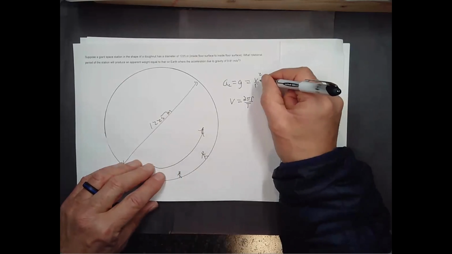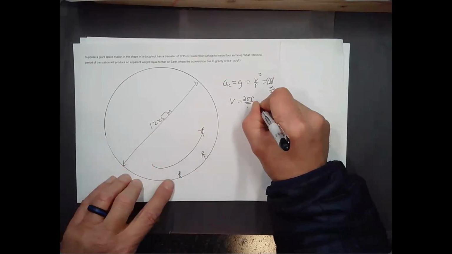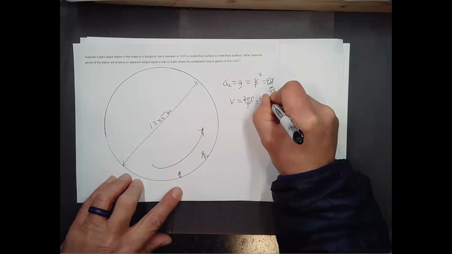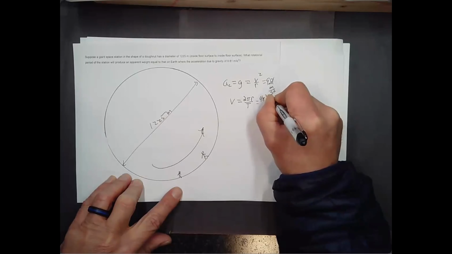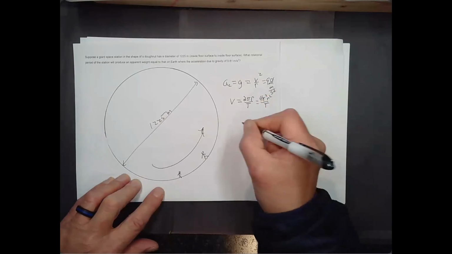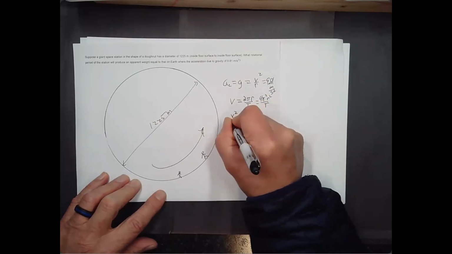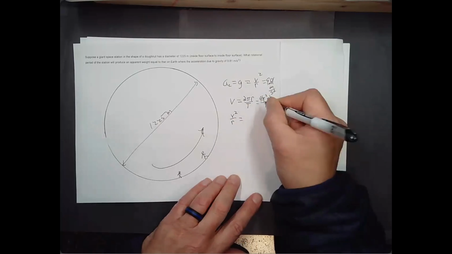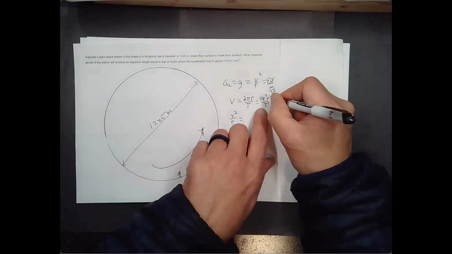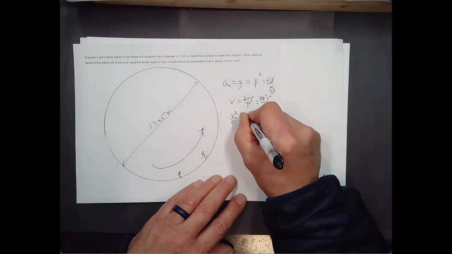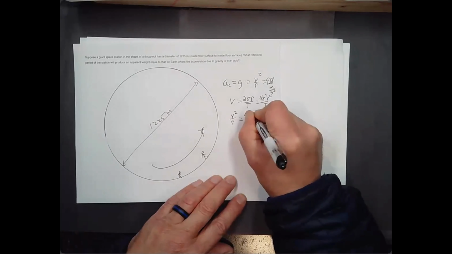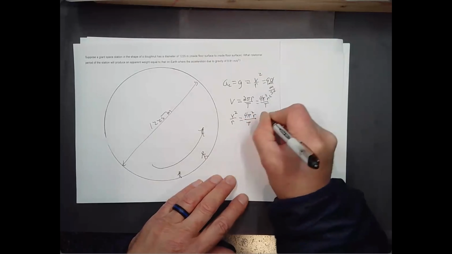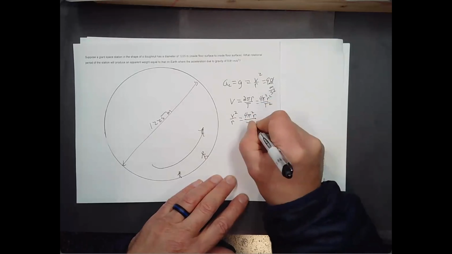Well, I'm going to need v squared, which is going to be 4 pi squared r squared over t squared, and then v squared over r, if I divide this by r, I'll actually get just plain 4 pi squared r over t squared.